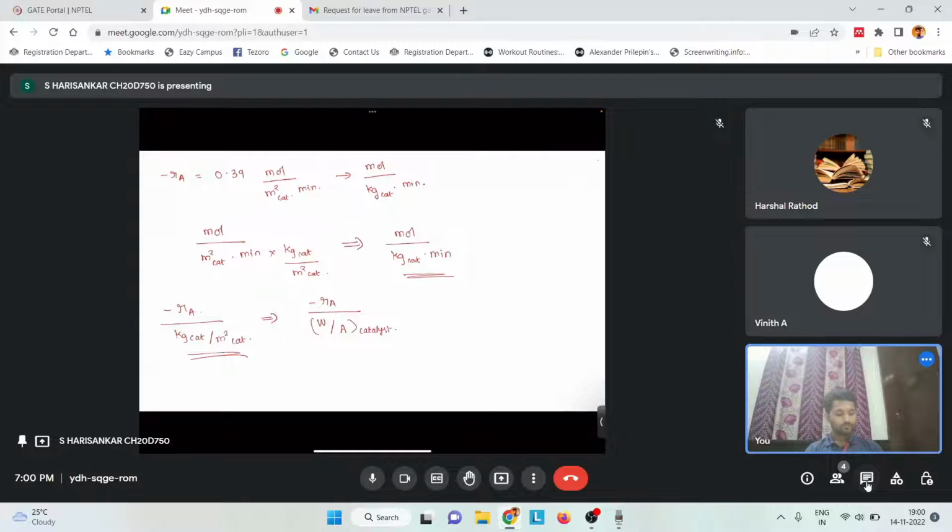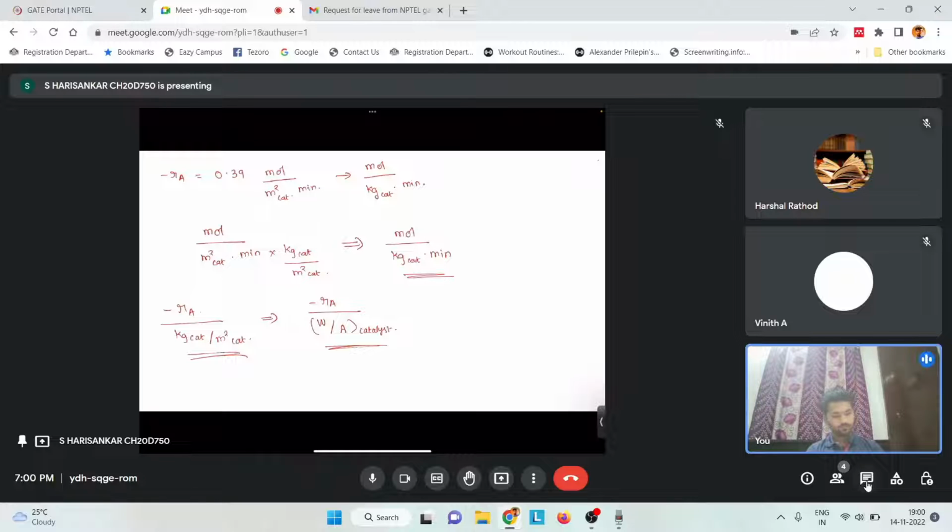If we divide our given rate by weight per area of the catalyst, we'll get the required reaction rate in terms of mole per kilogram catalyst per minute. So let us see how we can find this weight per area of the catalyst and finally how we can find the final answer.